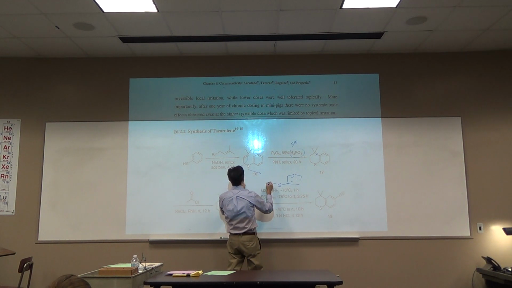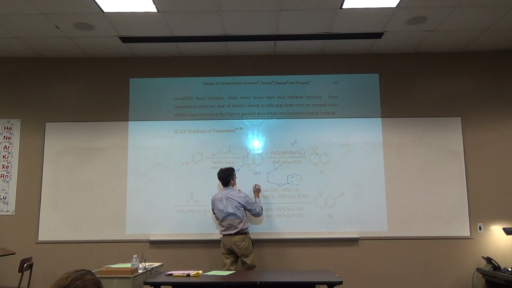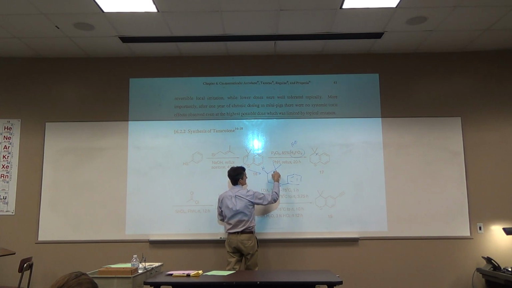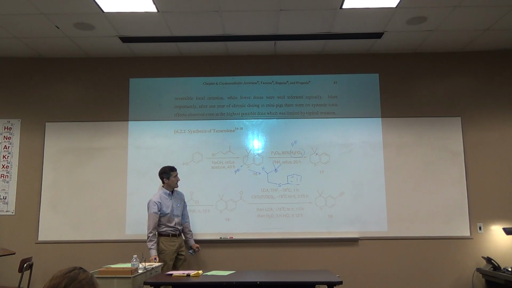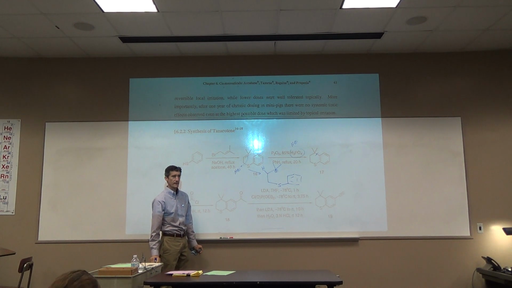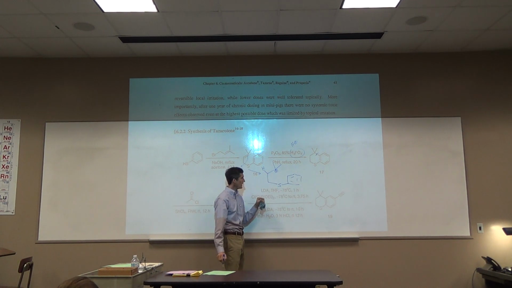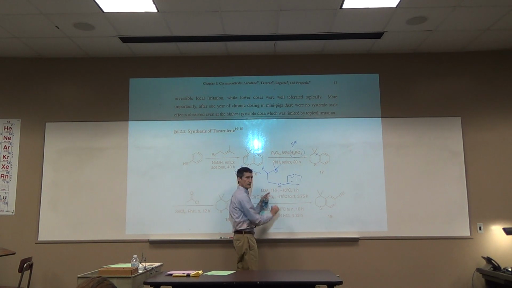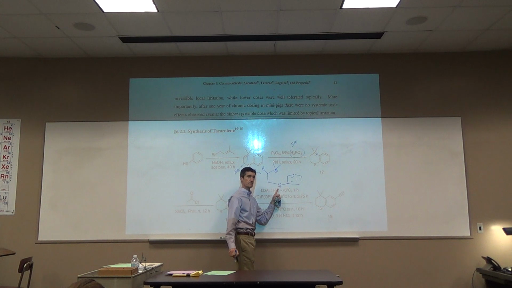sulfur, boom, boom, boom. Yeah? Let me draw in the new H here. And then what's here? Carbocation. And then what attacks the carbocation? The benzene ring. What type of director is the sulfur that's bonded to the benzene ring?